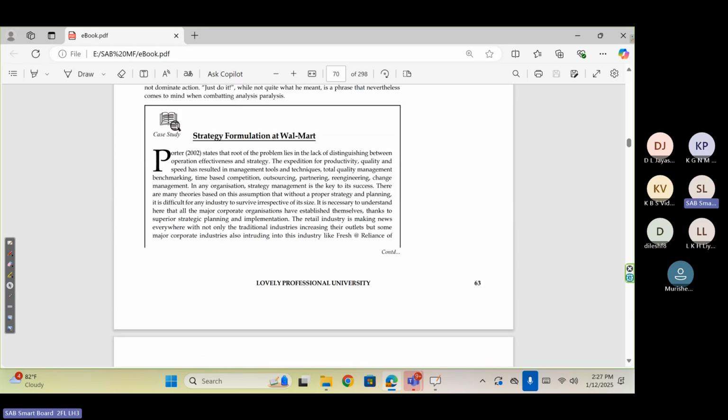Strategy formulation at Walmart. Formulation and implementation all have happened.